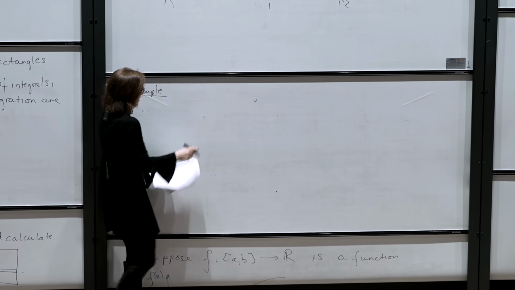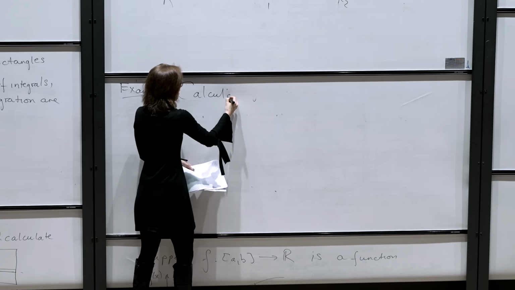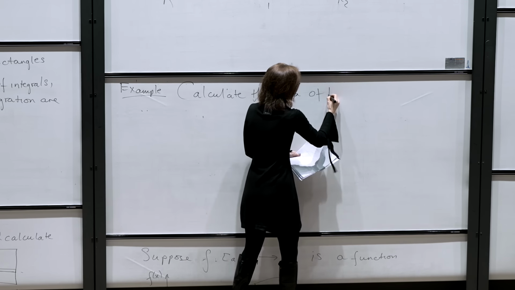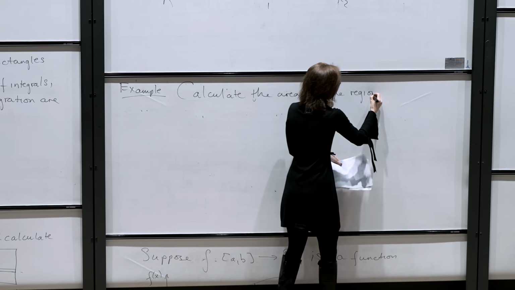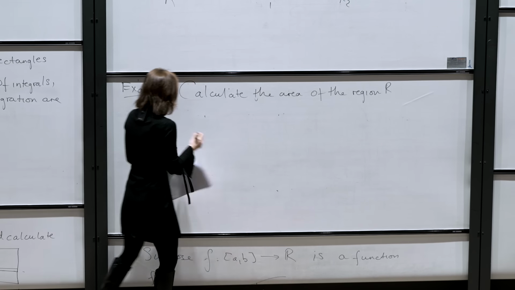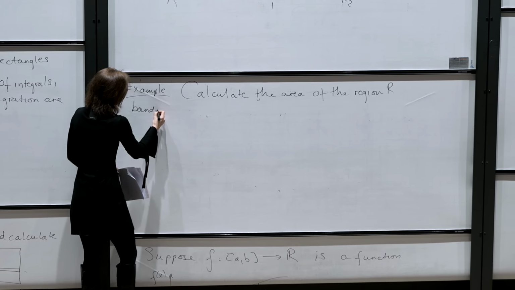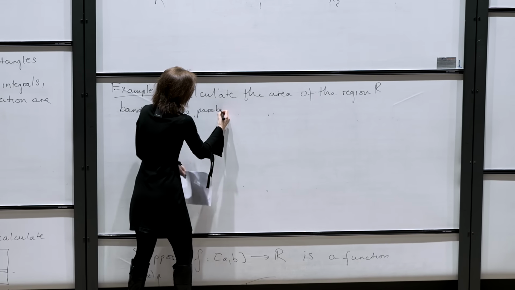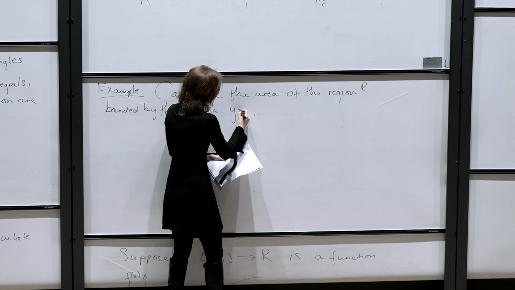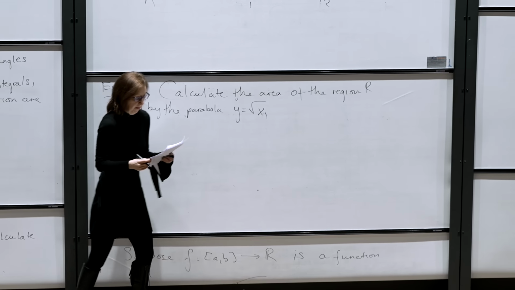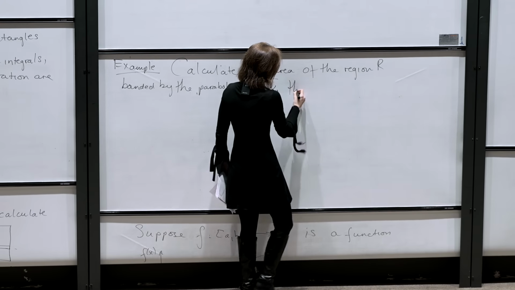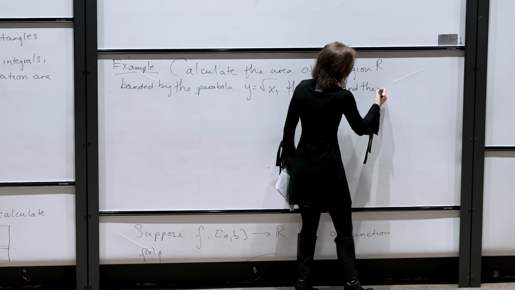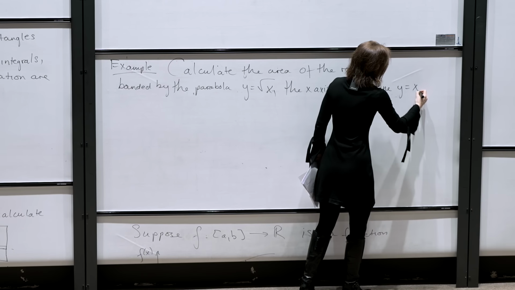Let's calculate the area of the region R bounded by the parabola y equals root x, the x-axis, and the line y equals x minus 2.